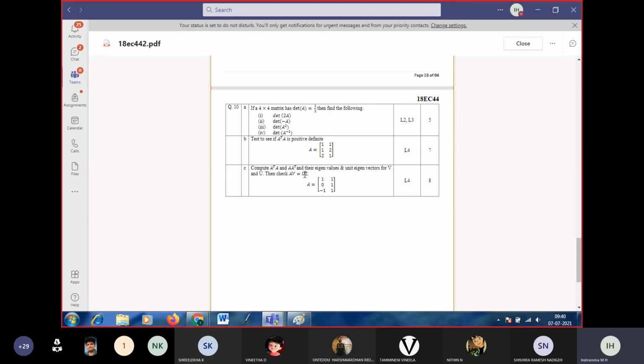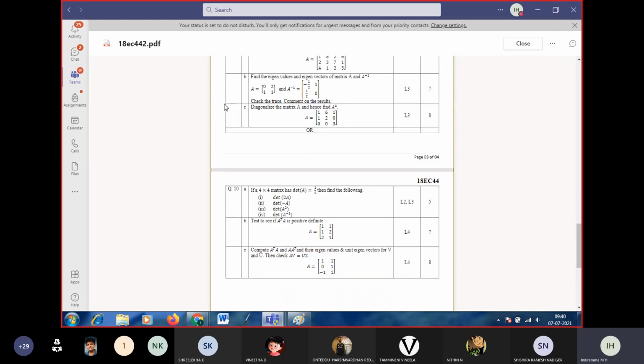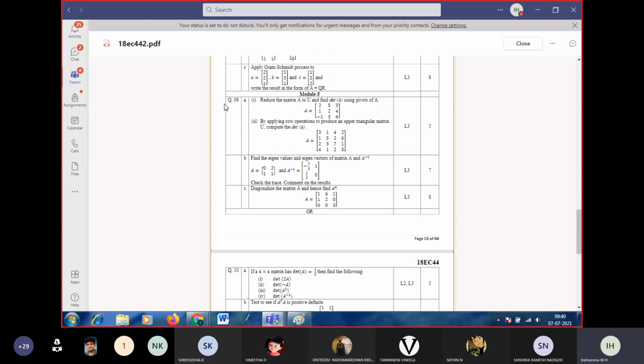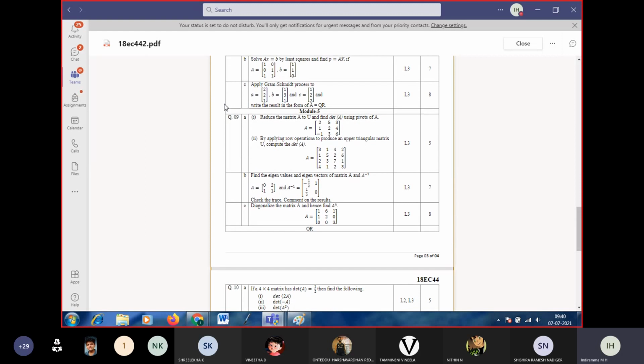Singular value decomposition. The last problem comes under singular value decomposition, and this is positive definite, and this is a determinant, properties of the determinant, and this is the diagonalization of a matrix, eigenvalues, eigenvectors, and upper triangular matrix.